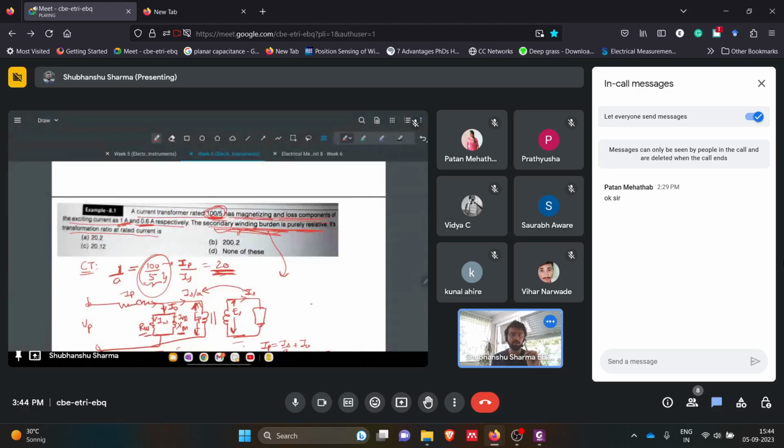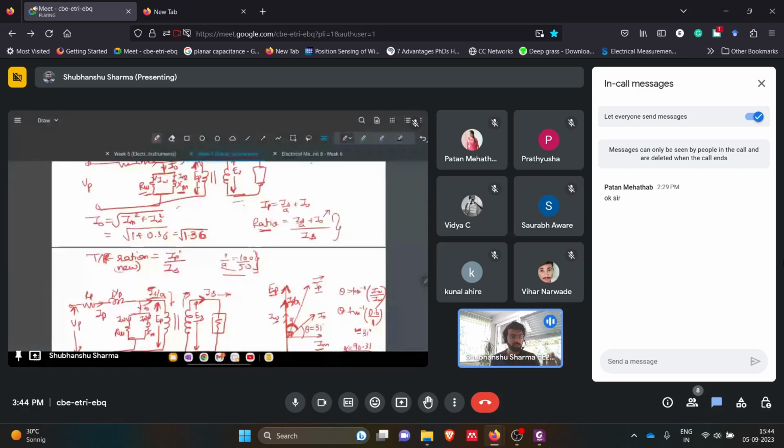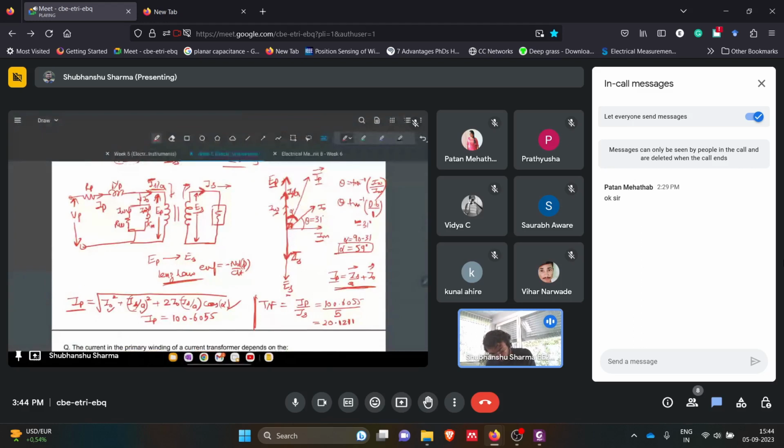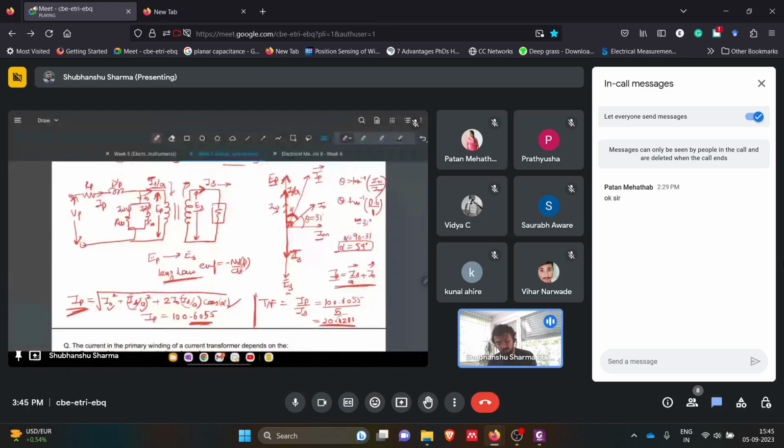If this transformer did not have loss components, exciting currents and magnetizing currents, the ratio would have been 100 by 5, that is 20. But since we had these magnetizing and loss components, we got variation in the angle, variation in this IP, and that variation is this 0.6055. Because of that, the transformation ratio instead of 20 became 20.1211. So this 0.211 is the absolute error in the ratio.